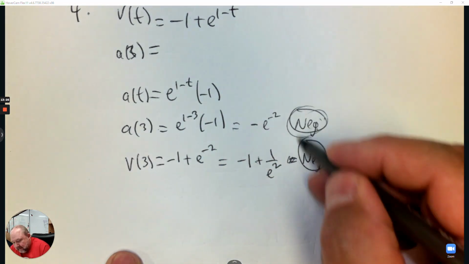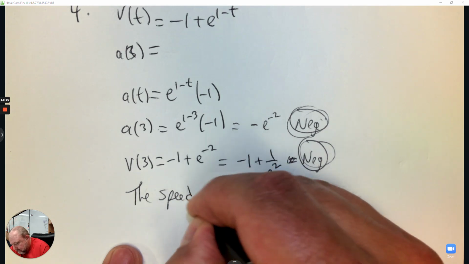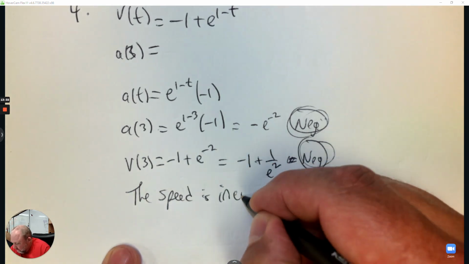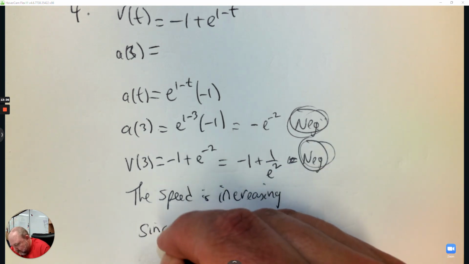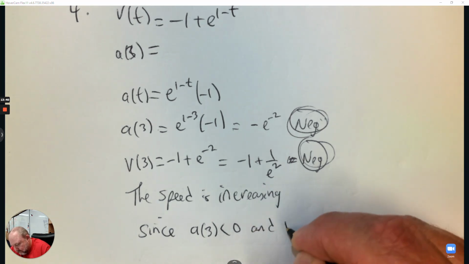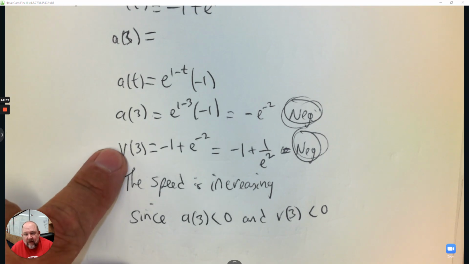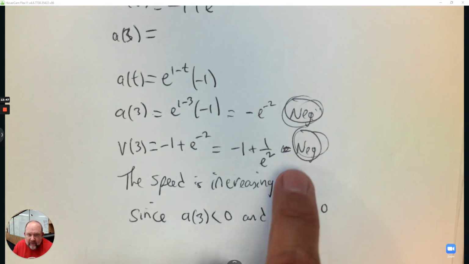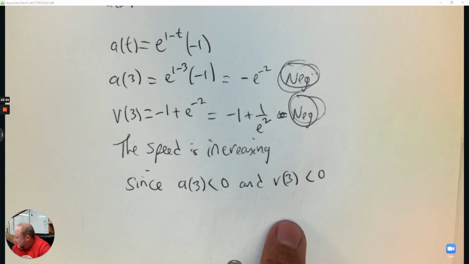If these signs match, the speed is increasing. We're looking at both the velocity and acceleration. If the signs match, it's increasing. If the signs don't match, then the speed is decreasing.